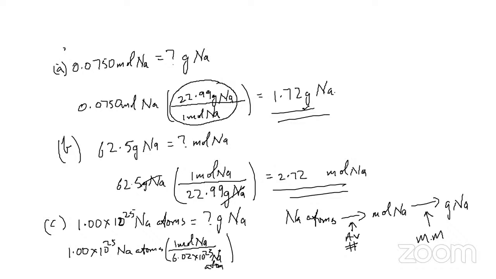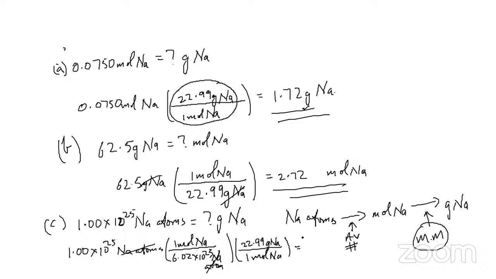This unit will cancel out with this unit. Then the next step is to convert from moles to mass in grams, and that's where the molar mass comes in. Because you have mole of sodium here, you put 1 mole of sodium down here, and above you have the molar mass, which is 22.99 grams of sodium.